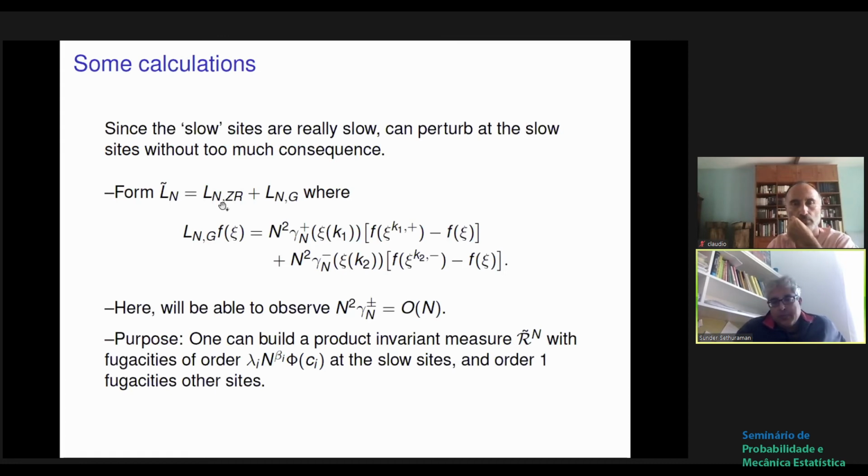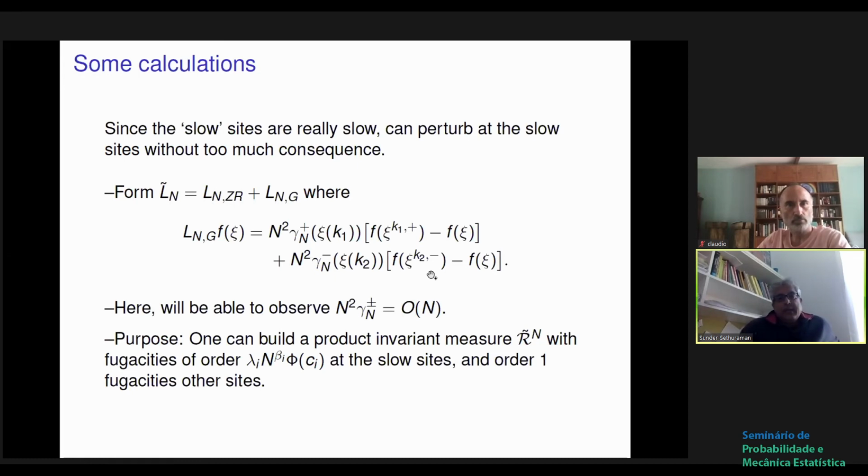We just perturb the zero range dynamics by a Glauber term, where at one of the sites we're putting more particles, and that's what this means. This means that a particle is born at K1 with this rate. We put some rates, and then we also make it so that at the other site you may go down by 1.